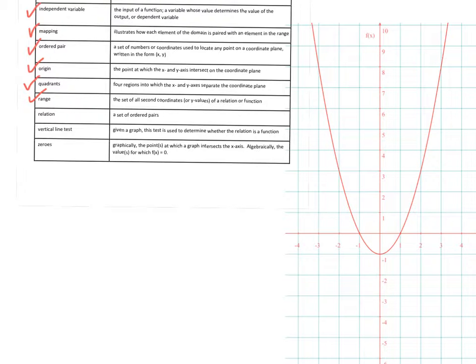This graph that you see here is a set of ordered pairs because I could actually put points all along this particular graph that would help to define that graph. So all of these points are part of the collection of ordered pairs that create this relation.